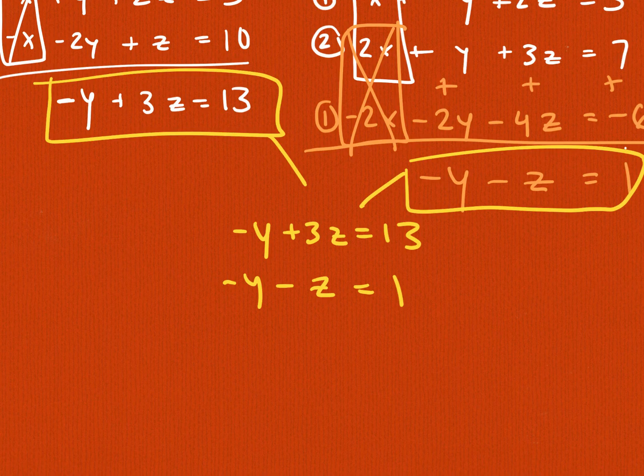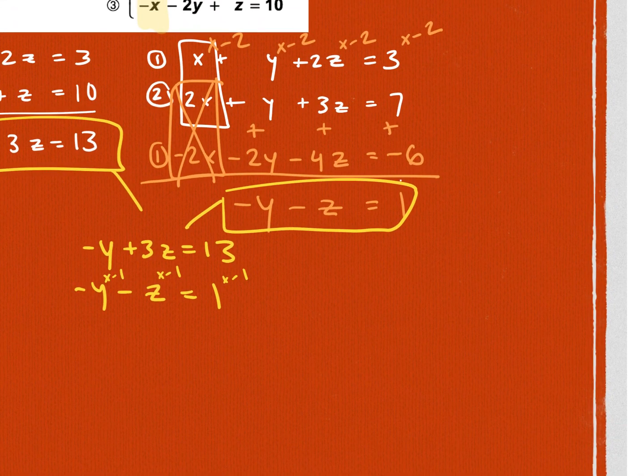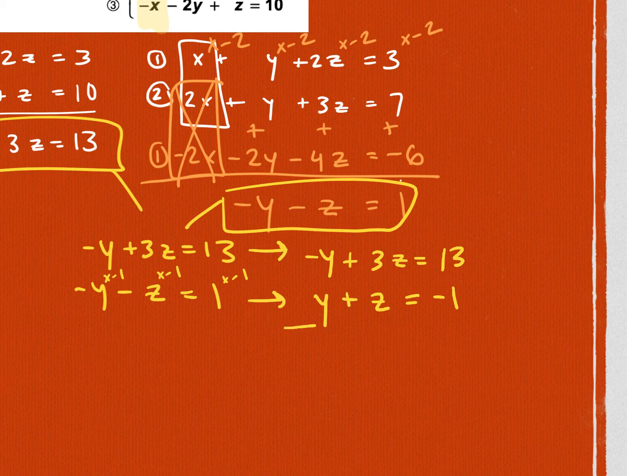I'm going to do the second equation. So my new second equation is y plus z is equal to negative 1. I'm just going to rewrite my first one on top of it just so it's easier to add. Now I'm going to add these two together.